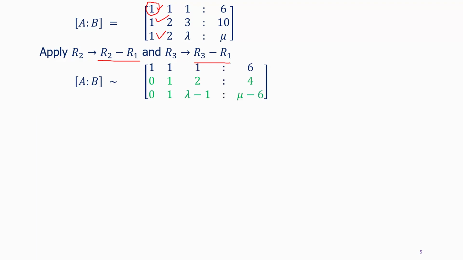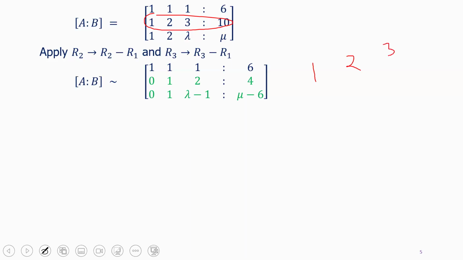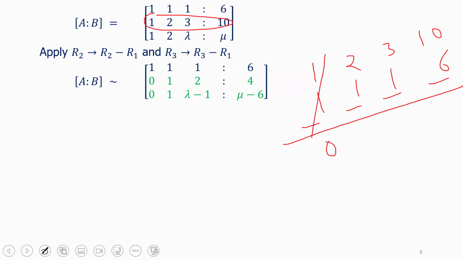The second row is 1, 2, 3, and 10. First row is 1, 1, 1, 6. If we subtract, 1 minus 1 is 0, 2 minus 1 is 1, 3 minus 1 is 2, and 10 minus 6 is 4. Thus, our reduced second row is 0, 1, 2, 4.